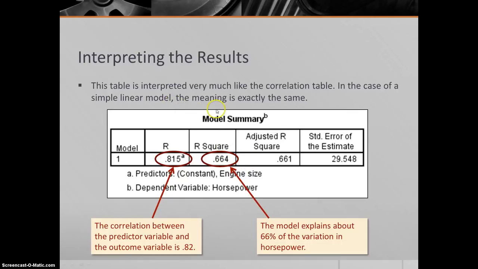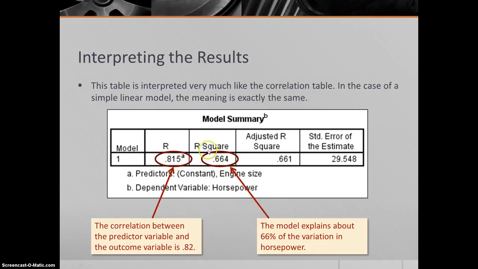Basically you interpret this just like a correlation table. In a simple linear model, simple linear again meaning there's one predictor variable, it basically is exactly like a correlation. So this is the correlation coefficient, 0.82, rounded to the hundredths place.